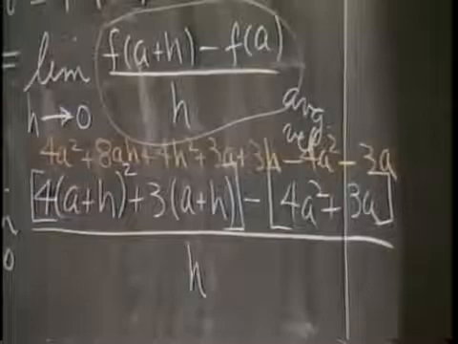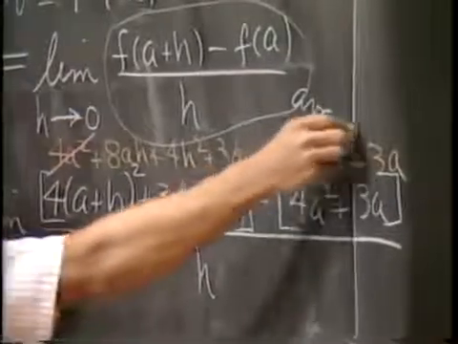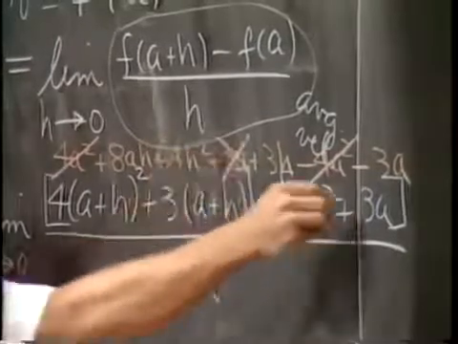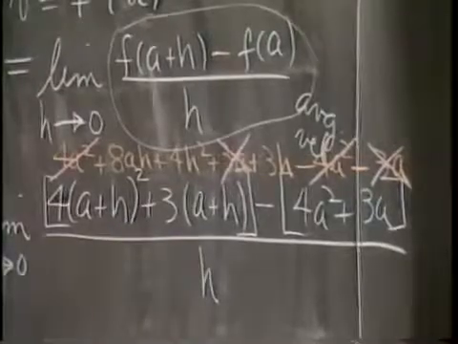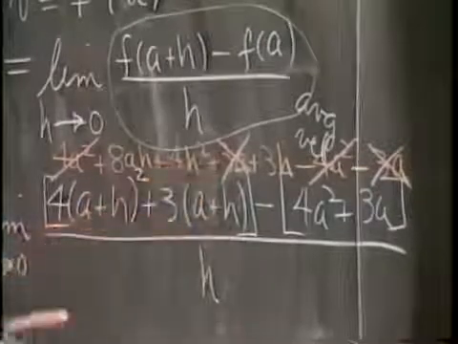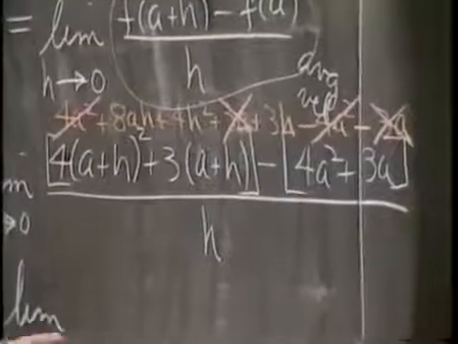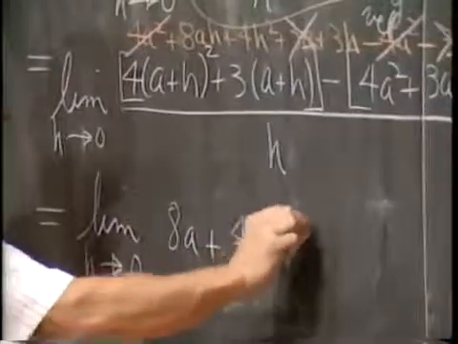I've said before, and I hope it's still true, if it doesn't have an h in it, it's going to have to cancel. Otherwise, I've made a mistake somewhere. So those two terms disappear altogether. And what we're left with is the limit of that expression over h. I'll cancel the h, which is now freed up out of every term: 8a plus 4h plus 3.